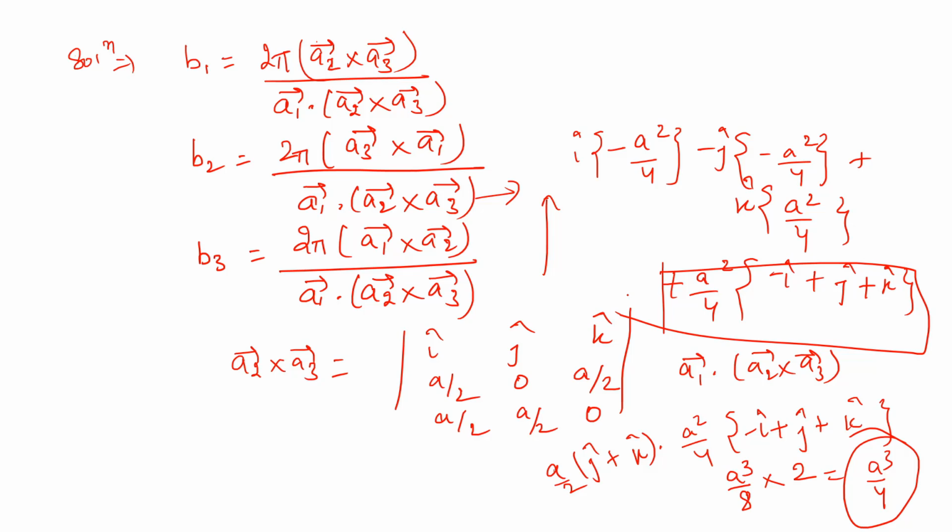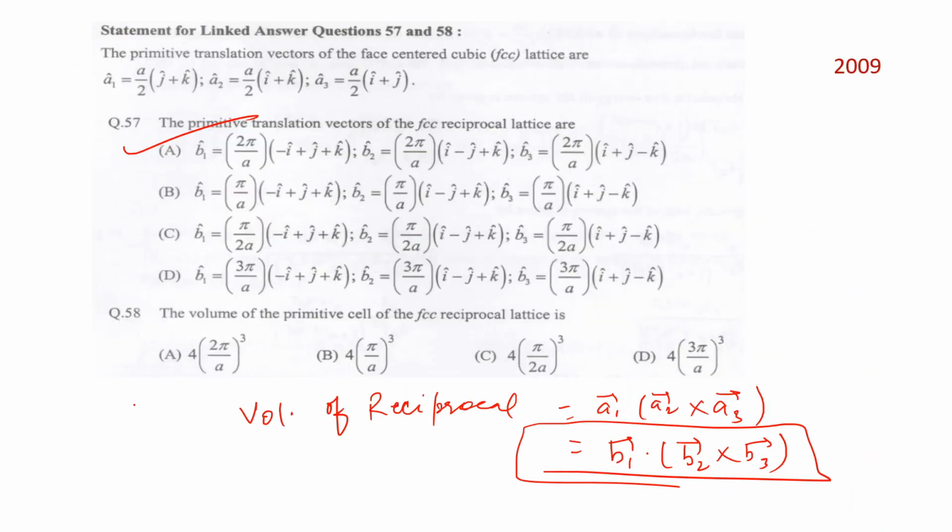Let's see in the options: this one is 4 into 8 pi cube by A cube, so this is 32 pi cube by A cube, which we just found out. This one is 4 pi cube by A cube, this is wrong, and this one is pi cube by 2A cube, this is wrong, and this is also wrong. So A is the correct answer.